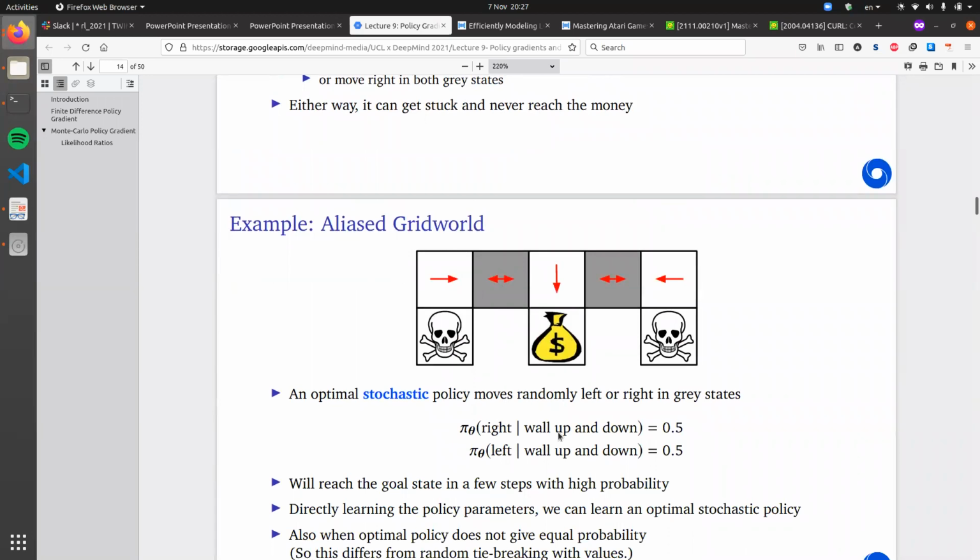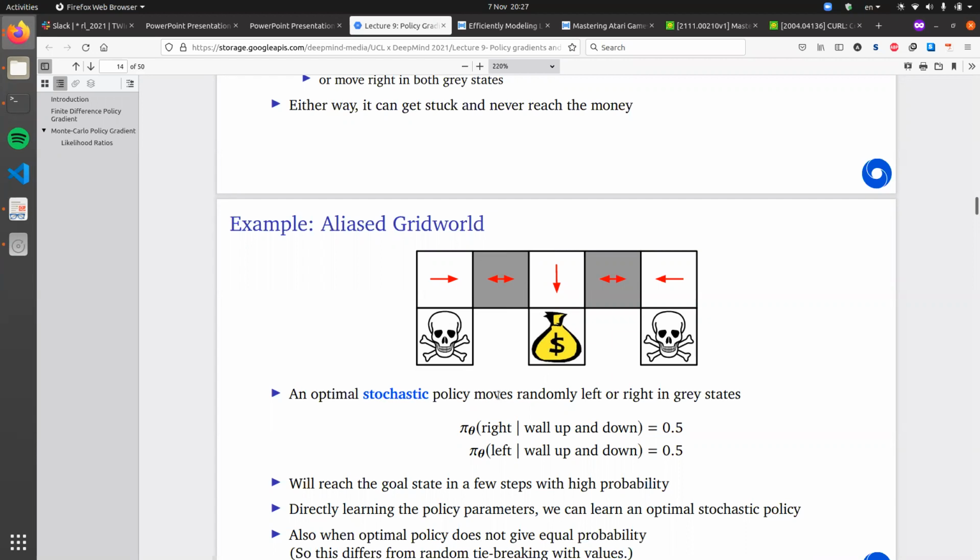with a policy that is parameterized in a way that it will produce not a single deterministic action, but a distribution over actions. In that way we get the flexibility to set the probability of moving left and right to be equal for the gray states.